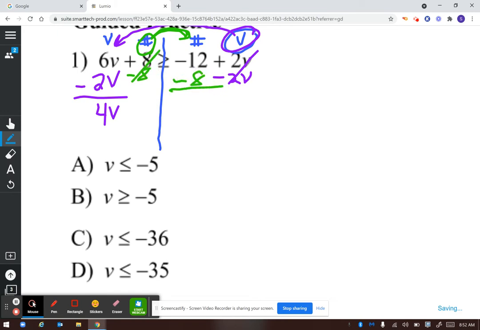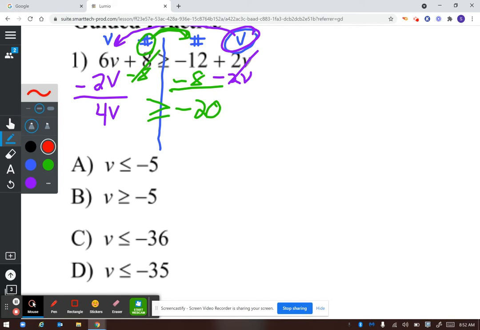When you have the same sign, you keep the sign and add the number. So that's negative 20. And I personally like to continue to write the inequality for each new step. So here's my inequality sign, so I don't forget which way it's facing.